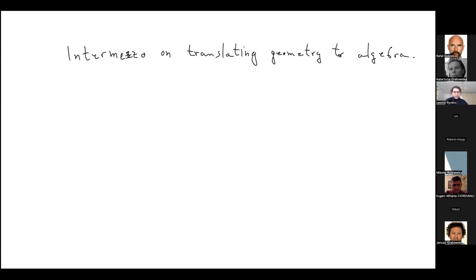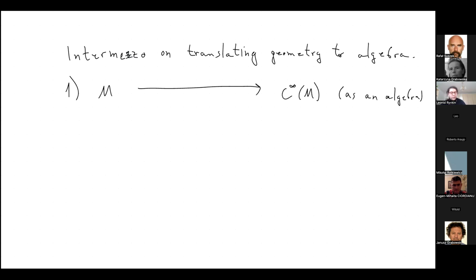So there are 2 things. The first one is maybe the fact that if we look at the smooth manifold M, and we just look at its smooth functions as an algebra, we can fully reconstruct M from it.